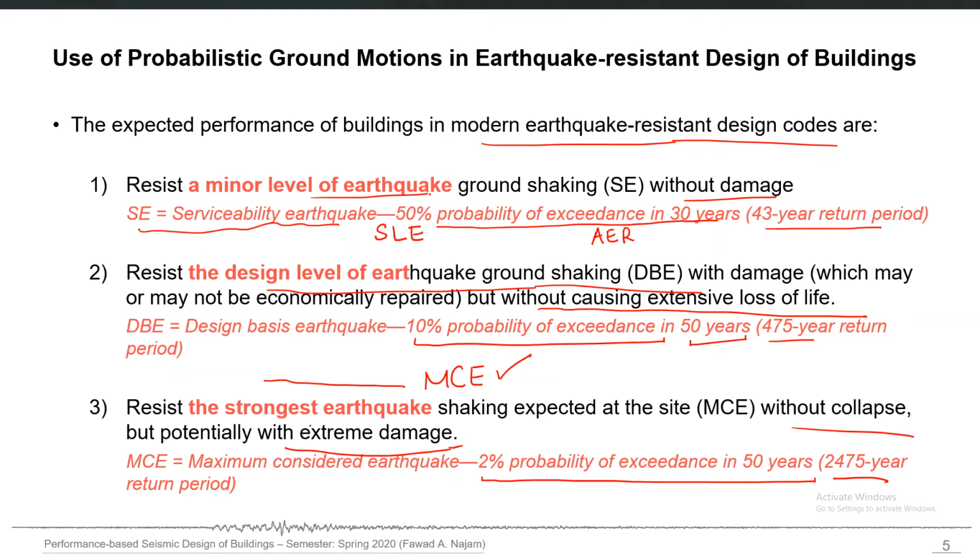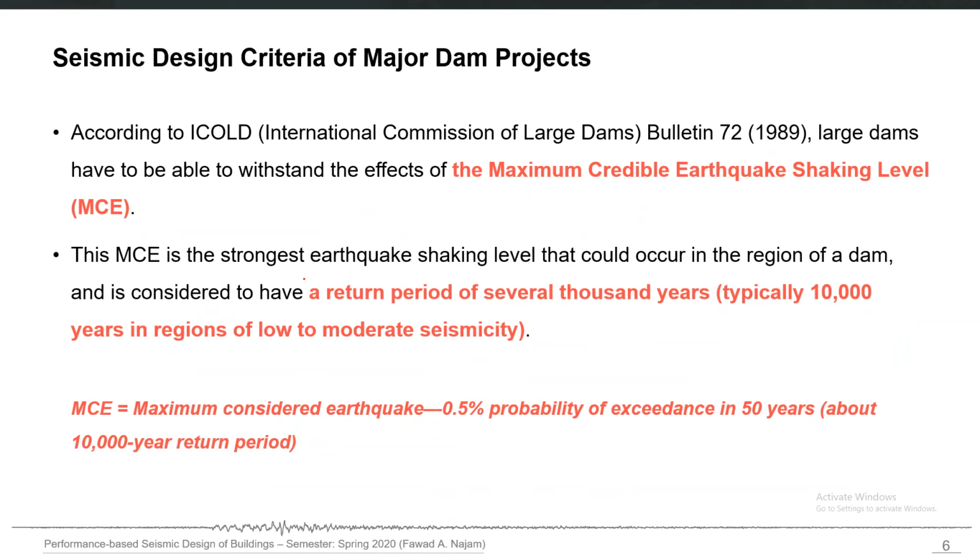And for the MCE level, the expectation is that the structure should at least remain standing, it should not collapse. So in the probabilistic framework of structural analysis and design, we basically perform the analysis for these three levels and ensure that the structure performs as we have expected for each level of the hazard.